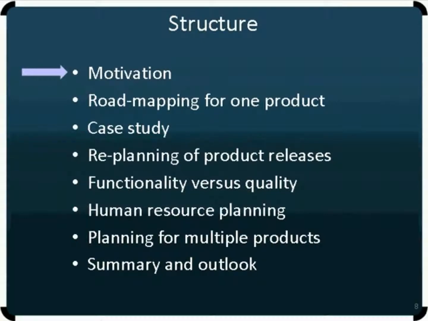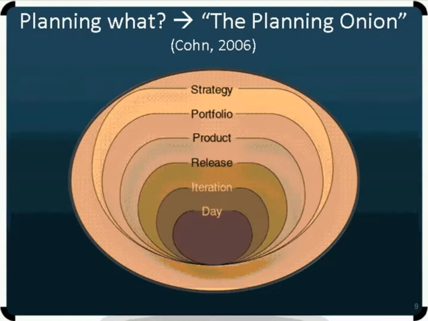Now, the planning effort, and I'm referring here to Mike Cohn's planning onion. First of all, problems prevented or problems solved. So that is a kind of theme behind planning when we look at the different levels of planning. And you can see here that there are very different levels, ranging from high-level strategic planning over portfolio, product, release, iteration, and even the daily planning.